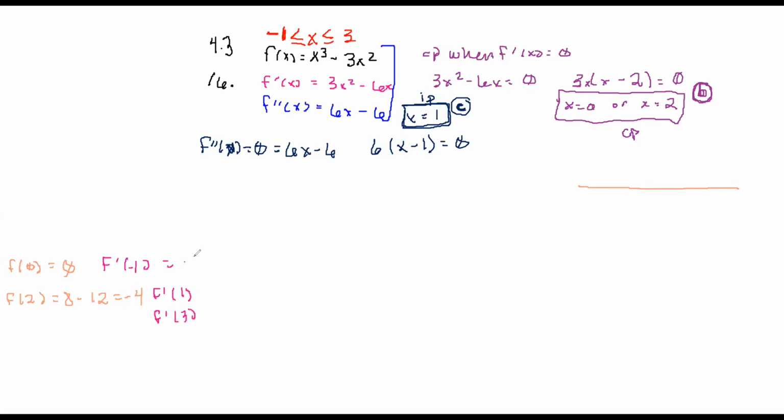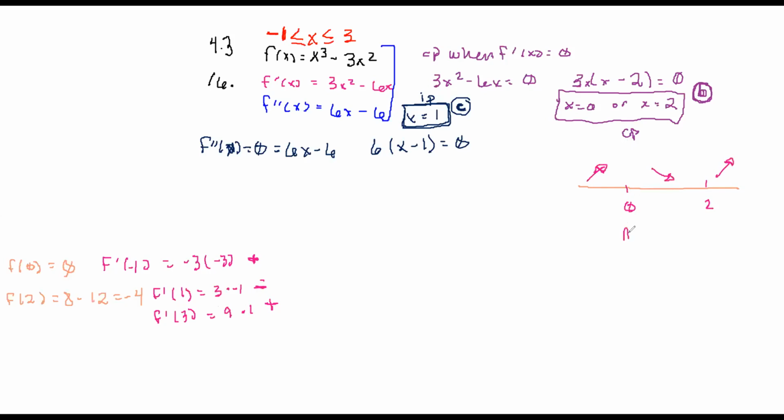F prime of -1 is going to be -3 times -3, that's positive. Of 1 is going to be 3 times -1, so that's negative. And then of 3 is going to be 9 times 1, so that's positive. So here is my 0, here is my 2: positive, negative, positive.